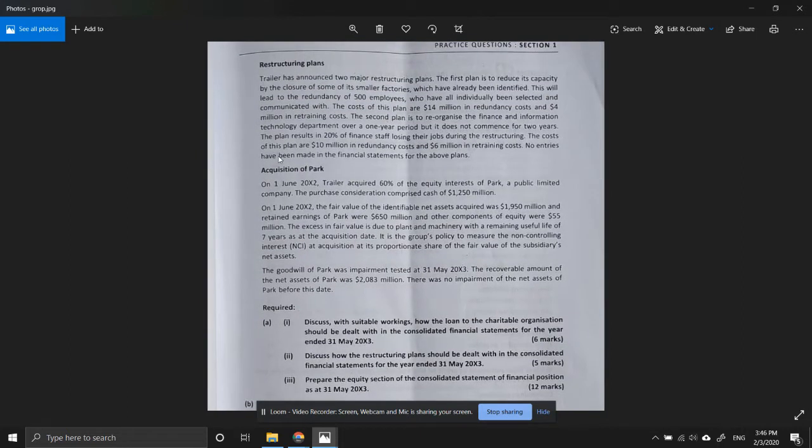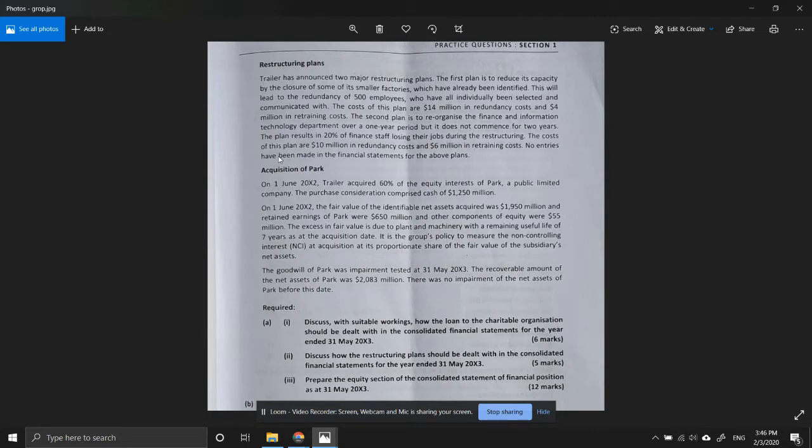Trailer has announced two major restructuring plans. The first plan is to reduce its capacity by closure of some of its smaller factories, which have already been identified. This will lead to redundancy of 500 workers who have all individually been selected and communicated with. The cost of this plan are 14 million in redundancy cost and 4 million in retraining cost.